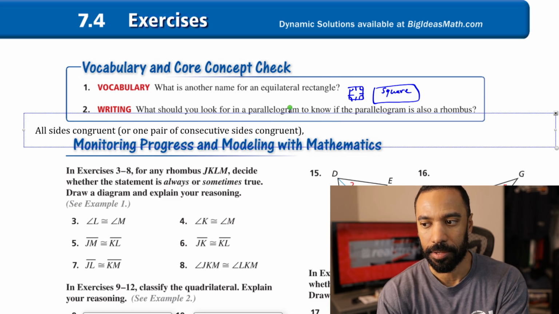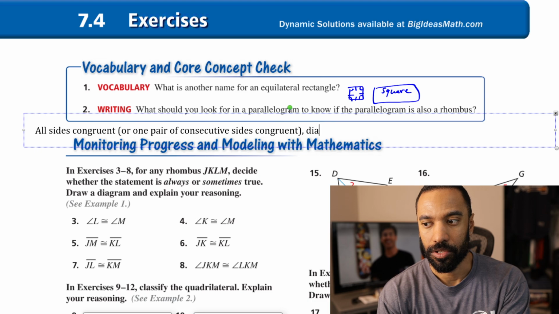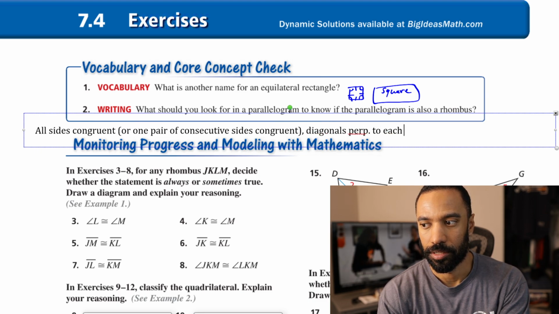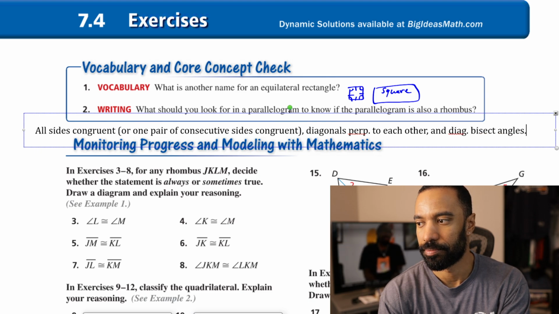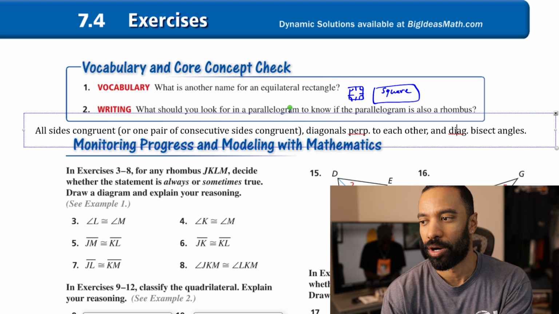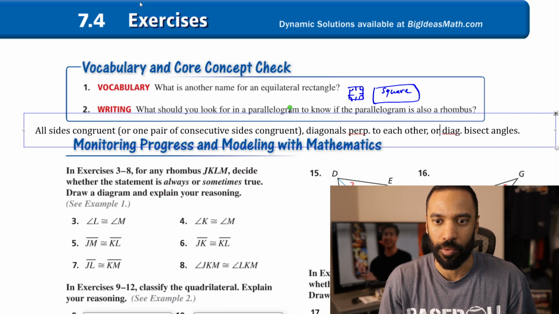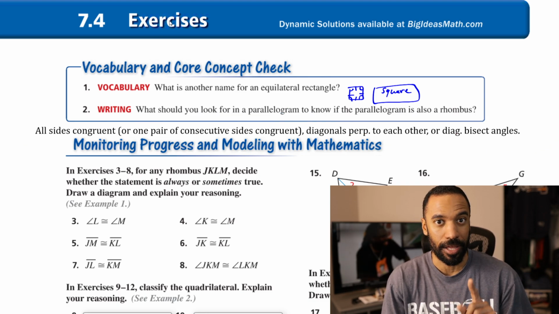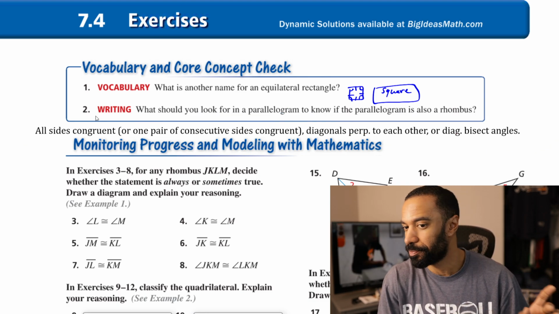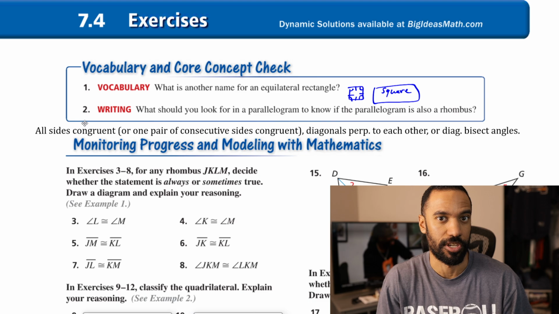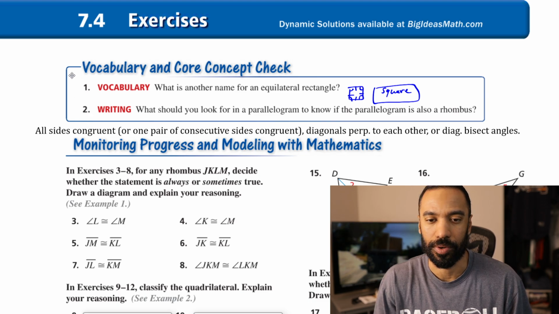Or diagonals perpendicular to each other, or diagonals bisecting their angles. If any one of these things is true, then you do have a rhombus, knowing you have a parallelogram. If it's a quadrilateral, you need to find all sides congruent. Otherwise, that doesn't really work.